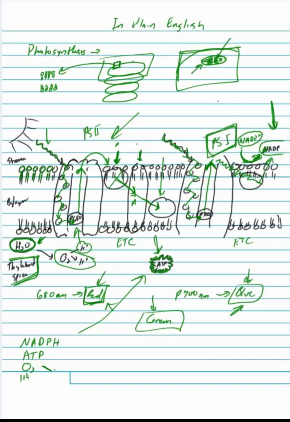But these are your important products, your NADPH and your ATP. Those are the precursors to energy, and they will be used later to produce energy and ultimately to produce sugar, carbohydrates, which are food.